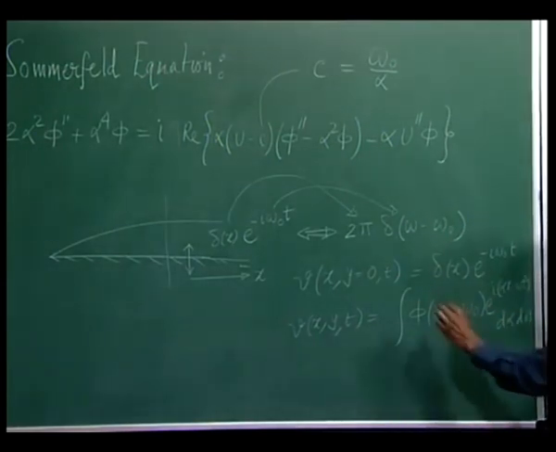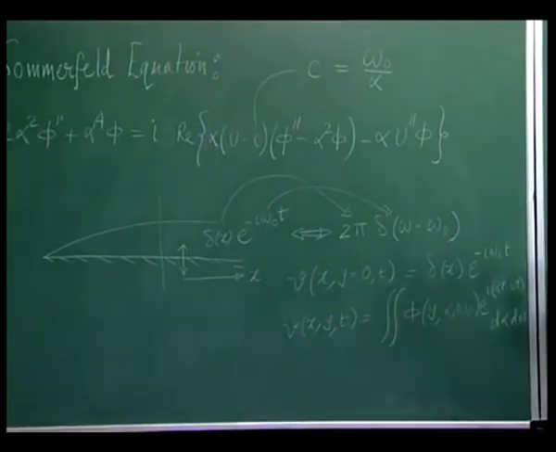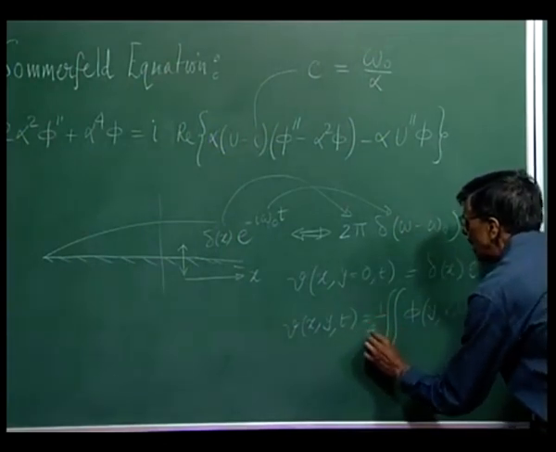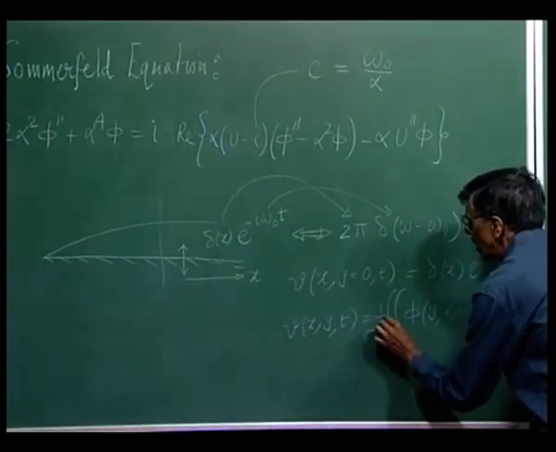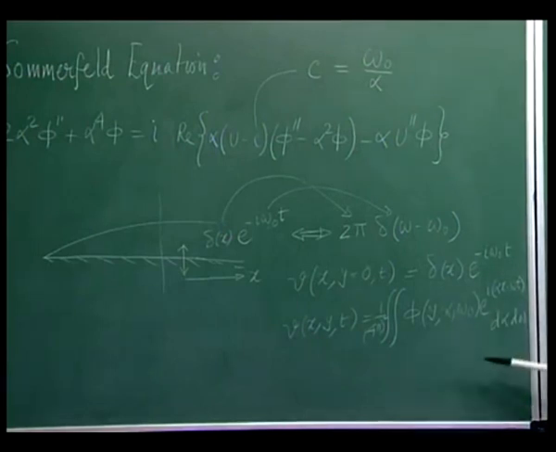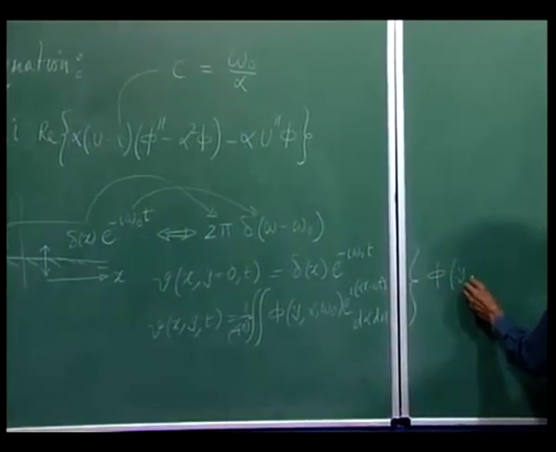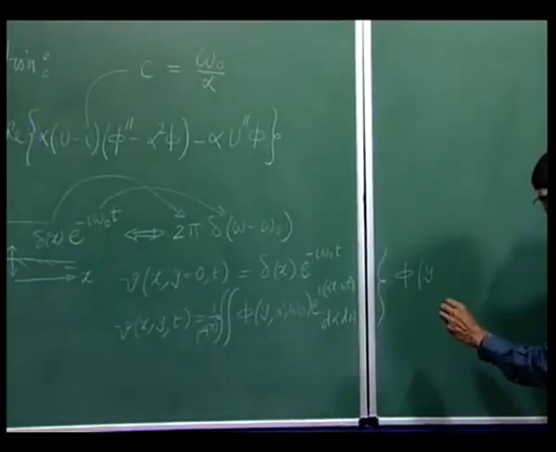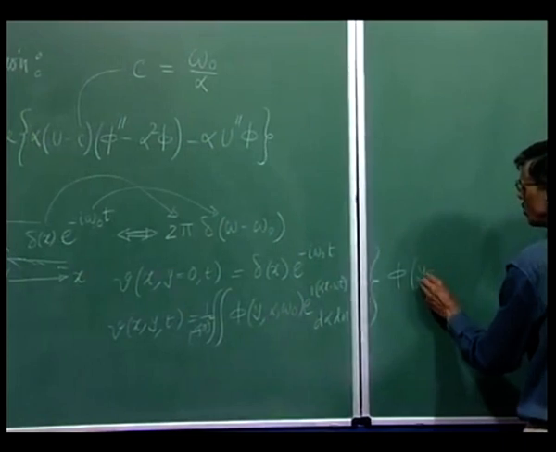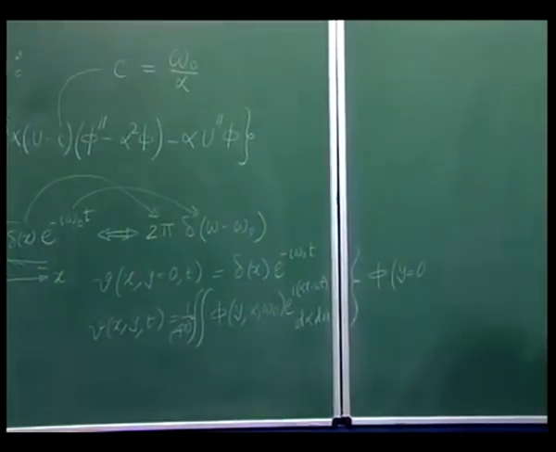This was our definition, right? And we had 1 over 4 pi squared, and this was the expression that we had. So now if I club these two together, what will it give? It will give me phi at y equal to 0, because we are applying it at the wall.